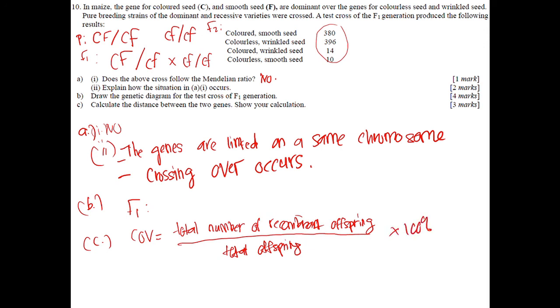Darab 100%. So ingat dua nombor kecil, 14 plus 10 bagi semua total. 80, 396, 14 tambah 10 times 100%. Sekejap saya kira dulu.